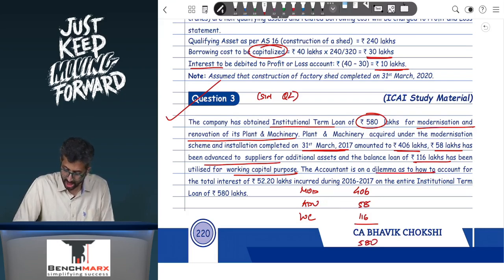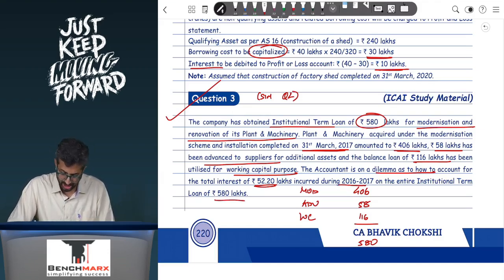The accountant is in a dilemma on how to account for the total interest of 52.2 incurred during 16-17 on the entire institutional term loan of 580 lakhs. So out of 580 we are saying if 52.2 is the interest, for 406 upon 580, 52.2, so this is, let us say, I think 36.54.